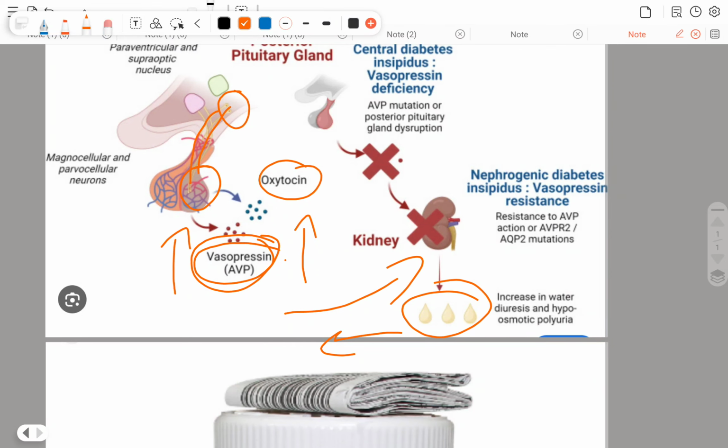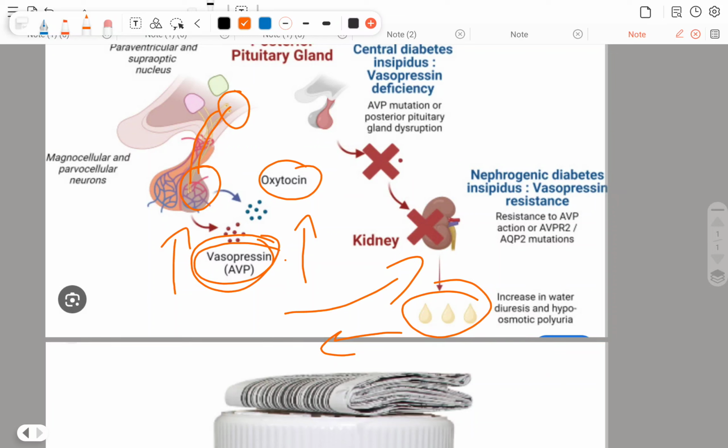It means that the total daily urine amount will be decreased, and the amount of water retained in the body will increase. In this way, we save our normal amount of water in our bloodstream.